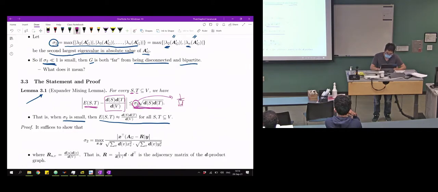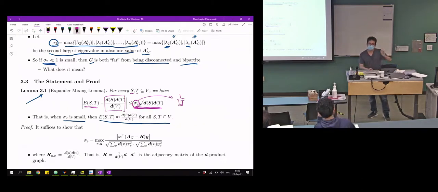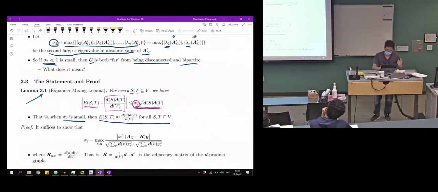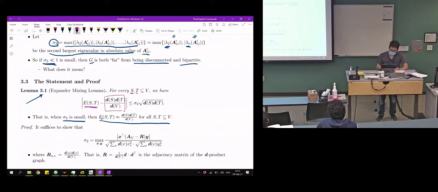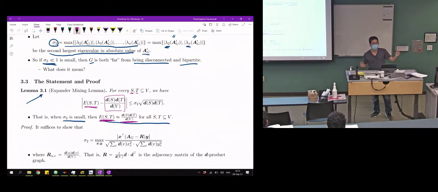It can be as small as 1/√d, where d is the degree of the graph. If that is the case, then for every 2 sets, the number of edges has total weight close to what it would be for the D product graph. Is the statement clear?